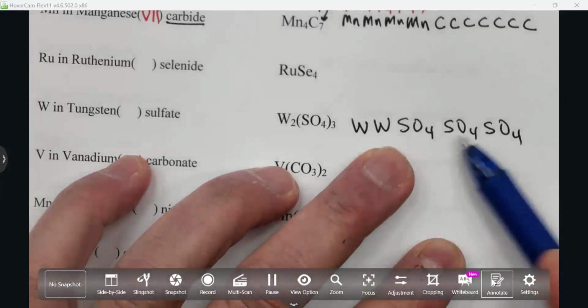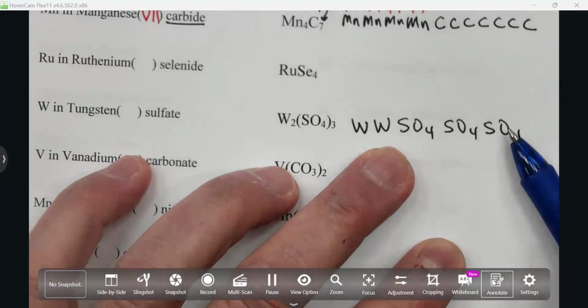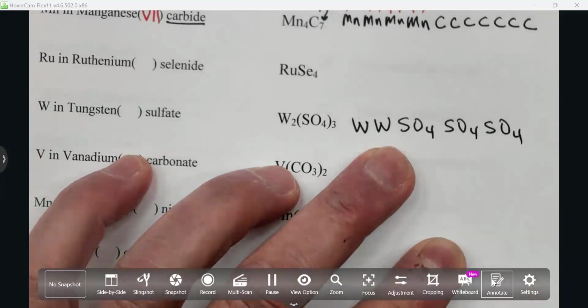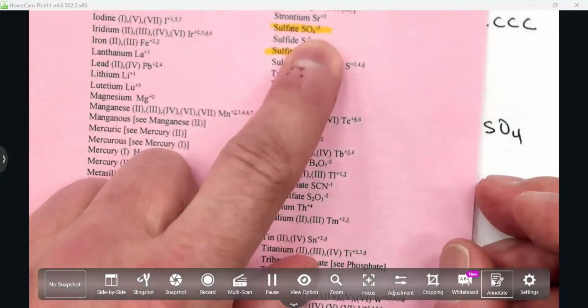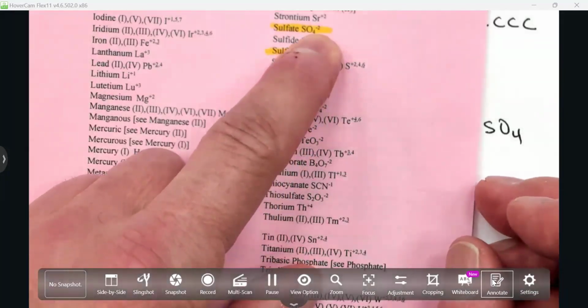What is the oxidation state or charge for these 3 sulfates? What's the charge of sulfate? And you can look on the pink sheet. It should be highlighted. -2, right?